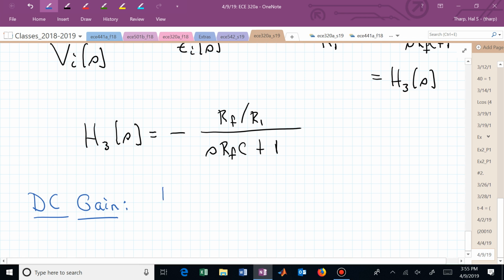Now if we evaluate this when s is equal to 0, that will be our DC gain. We plug in 0 for s and the denominator now just becomes 1. So our DC gain is minus R sub f over R sub 1.